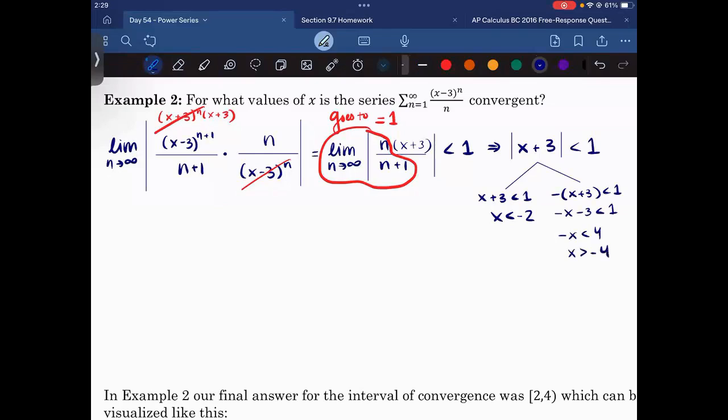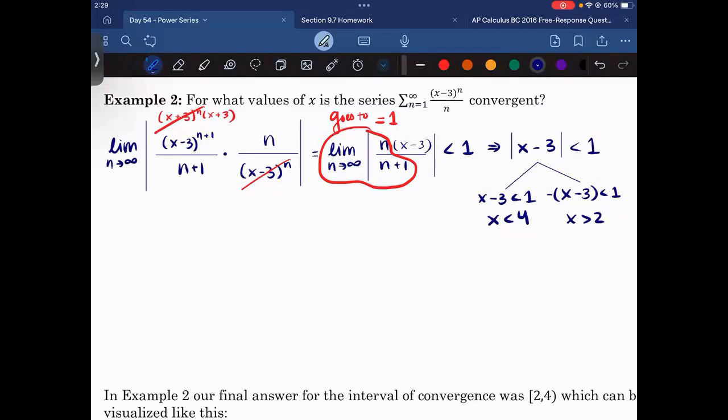Oh my goodness, you know what? It's a minus 3, isn't it? See, that's why we check our work. X minus 3 less than 1, so x is less than 4. This one will be x is greater than 2. So just watch your math, I guess. That's why you gotta check, right? It didn't look right, so I checked it again.